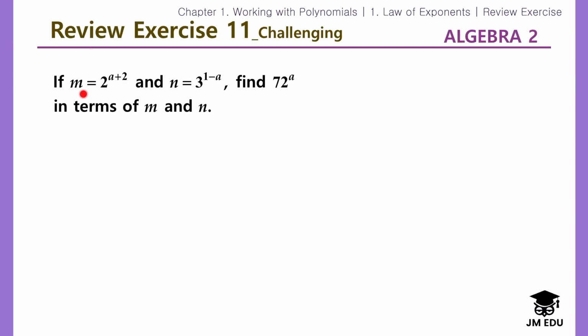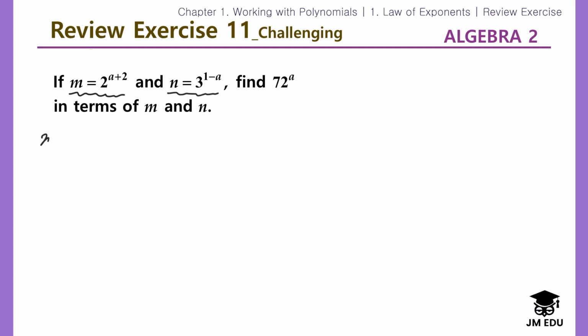If m is equal to 2 to the power of a plus 2 and n is equal to 3 to the power of 1 minus a, the question is to find 72 to the power of a in terms of m and n. So let's simplify these two expressions right here.